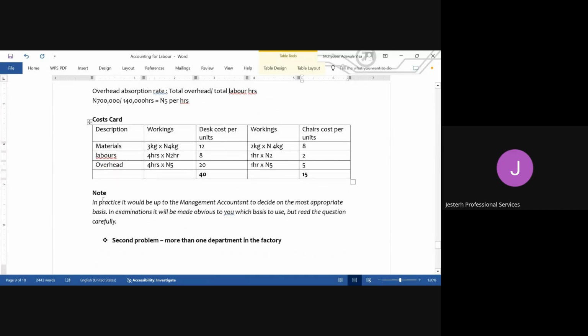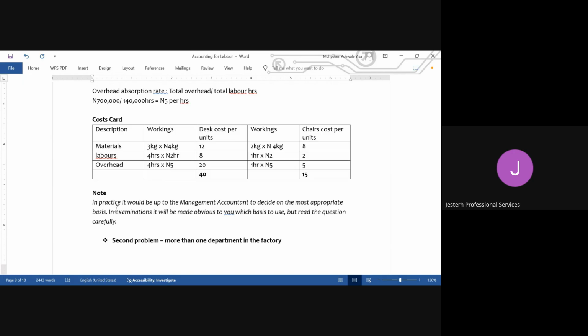And you can see from the notes, I put that in practice, it will be up to the management accountant to decide on the cost approach basis they want to use. I know I've explained this earlier. But in the exam, at this level, they are going to tell you the basis they want to use.